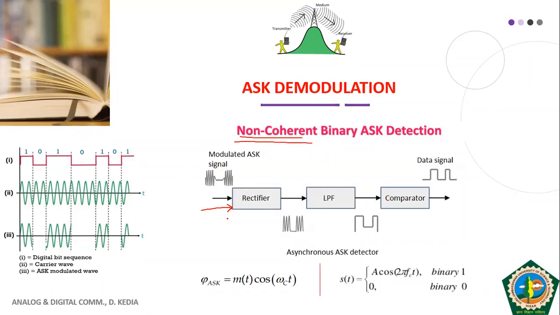If you look at the modulated signal of ASK carefully, my information signal is present only in the envelope of this modulated signal. So I need envelope detection. Here this was my modulated ASK signal.